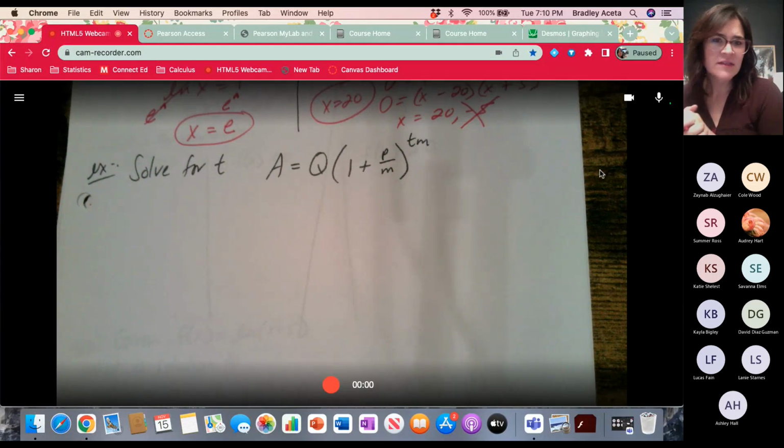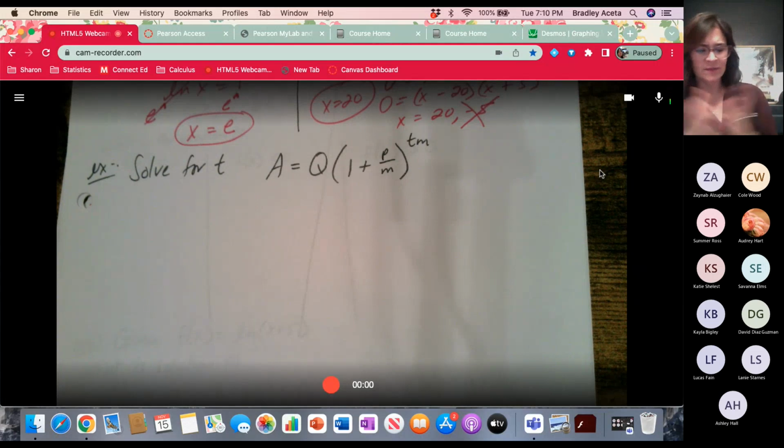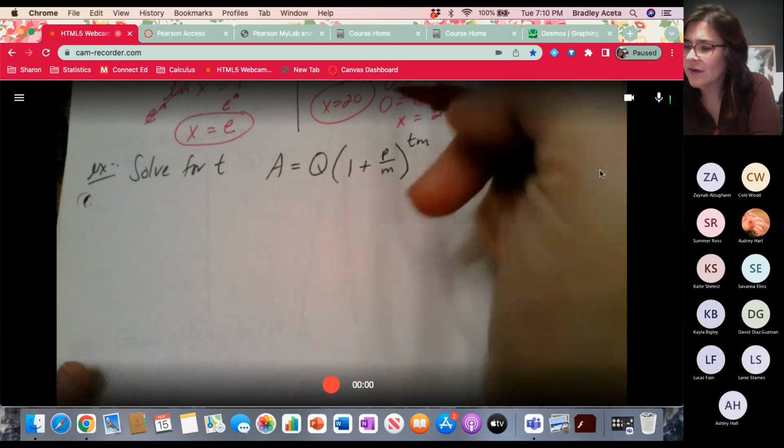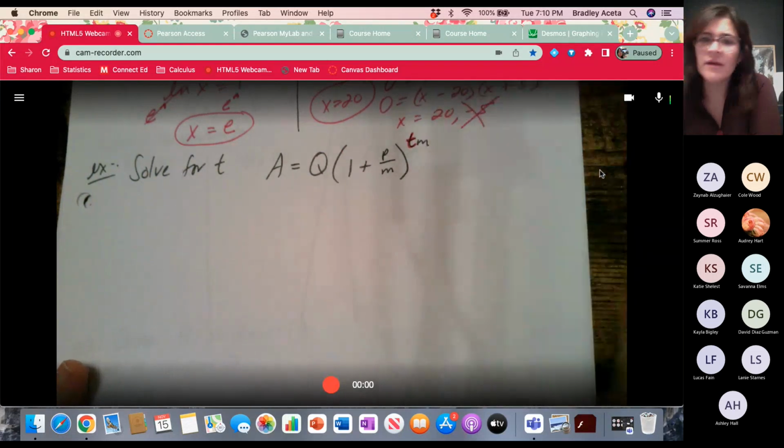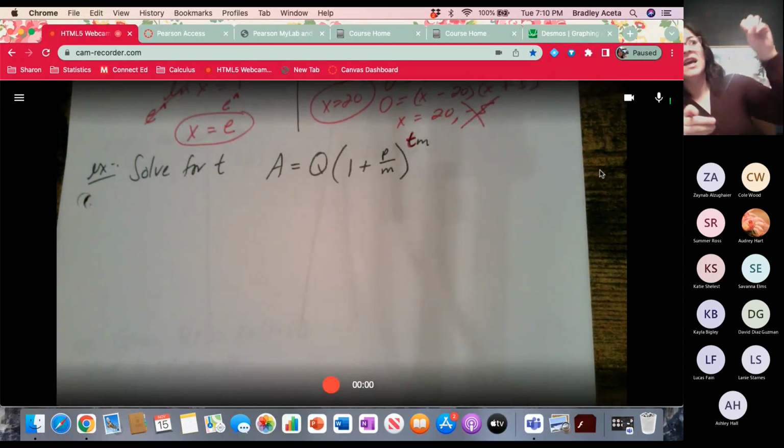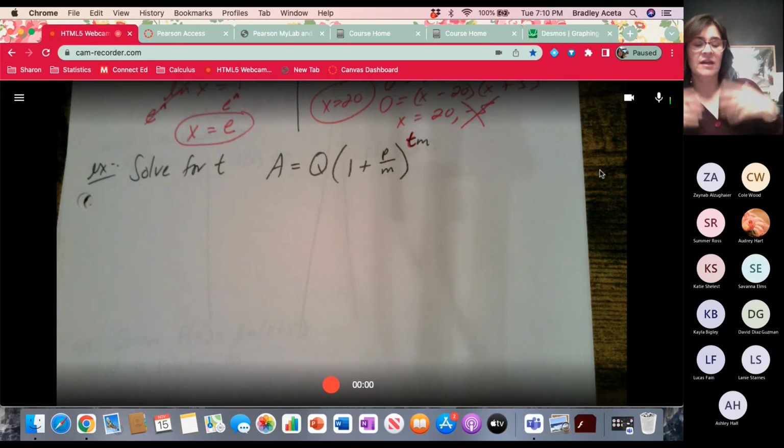Okay. You will get an all variable equation, and you're going to be asked to solve for it. And specifically, you're going to be asked to solve for this guy t right up here, which is the exponent. And the only way to bring down an exponent, y'all, is to do a log or to do an ln. Okay.